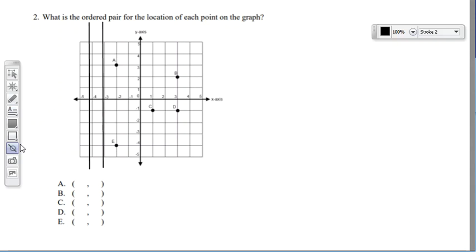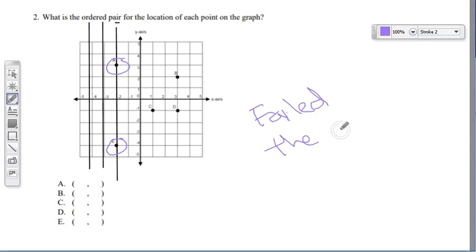We can see that when we try and pass a vertical line through this point right here, or through this spot on the graph right here, can you see that this vertical line is touching more than one point at a time? So this relation failed the vertical line test.